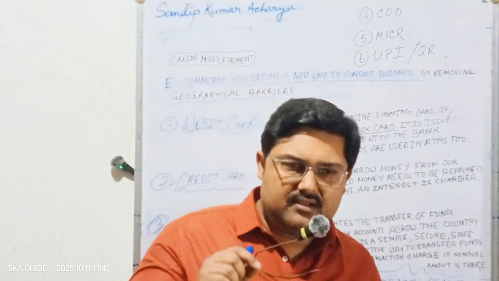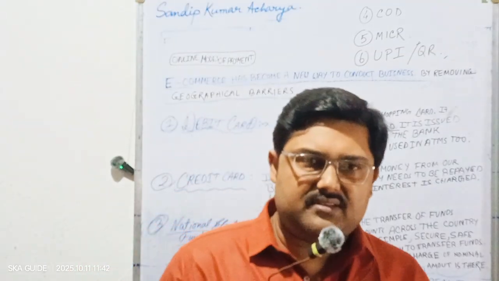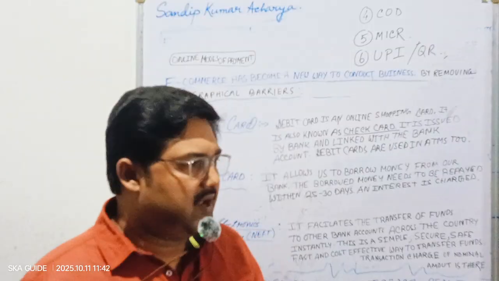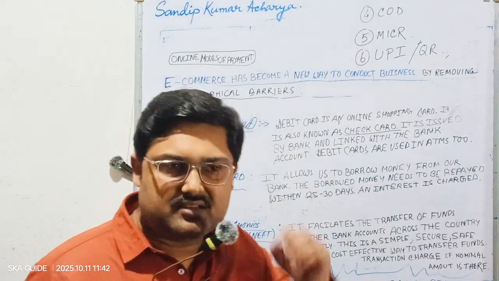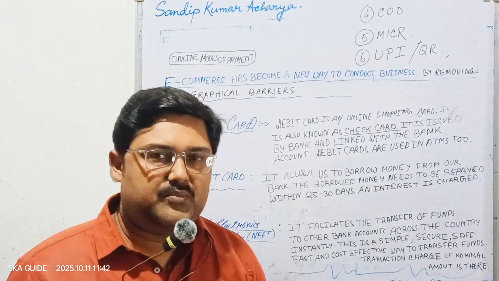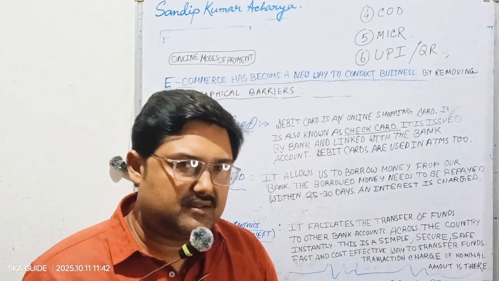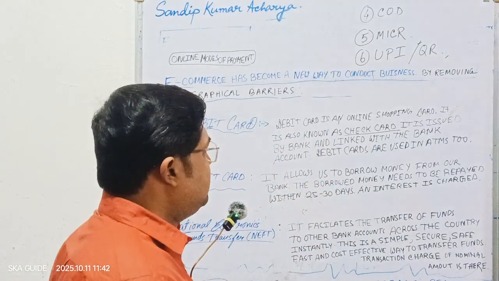When a check is received by the bank, they use a sensor or a system where this number is sensed using the MICR system, and the authenticity is checked and the payment is made after that. So this is MICR. This is also a very secure procedure.